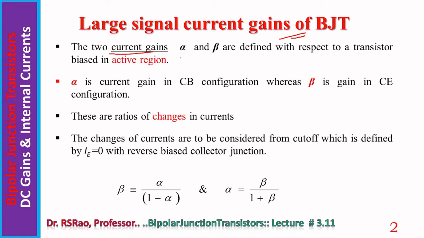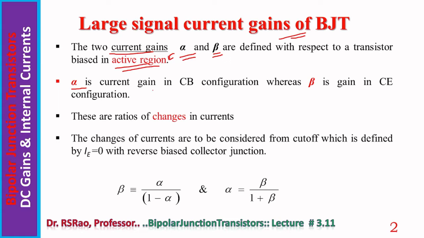The two current gains, alpha and beta, are defined with respect to a transistor biased in active region. BJTs are associated with three regions of functioning: saturation, active, cutoff. Here it is said that alpha and beta are specific to active region BJT.